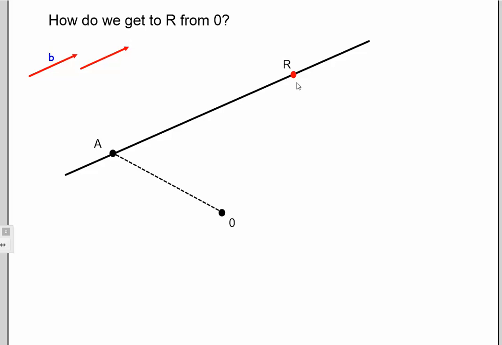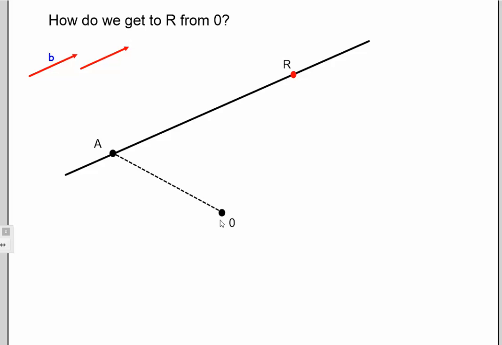Now I know 2 things. I know that the line goes through this particular point A, and I know that the slope of the line is along the line of this vector B. So how do we get to R?